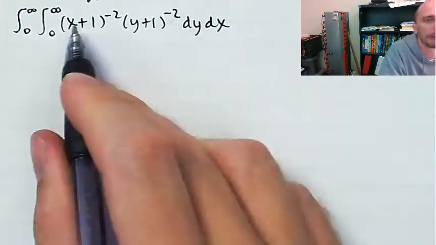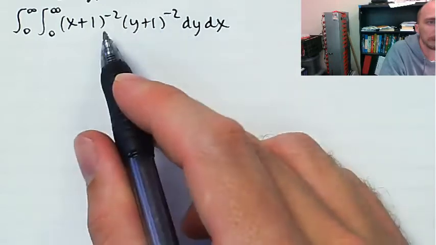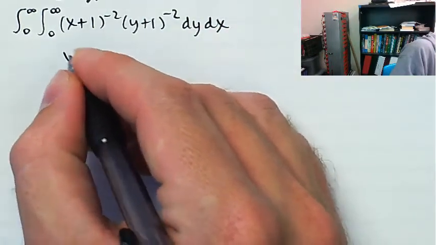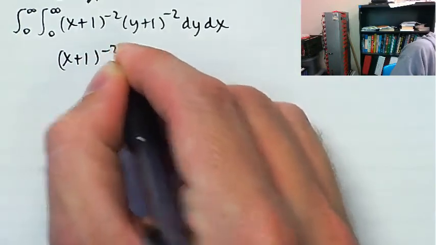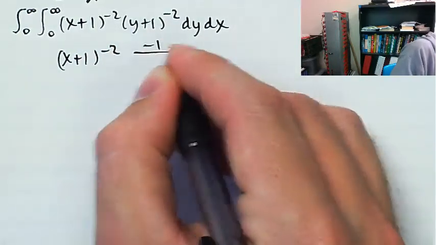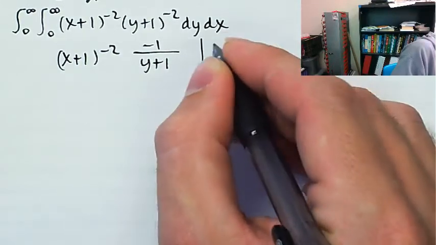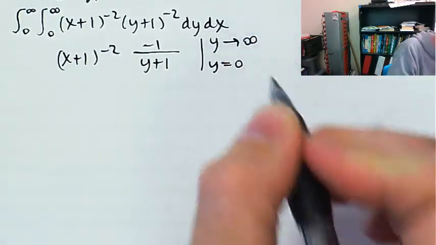Okay, an antiderivative for this with respect to y is going to be negative y plus 1 to the negative 1 multiplied by this, so times negative 1 over y plus 1 as y goes from 0 up to infinity.